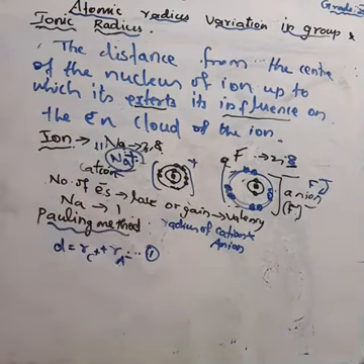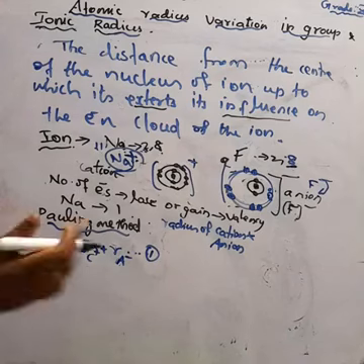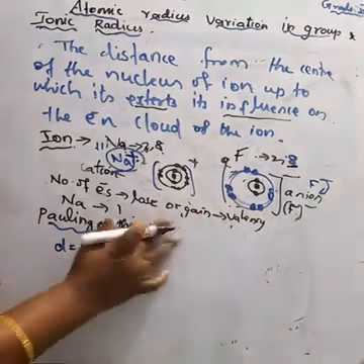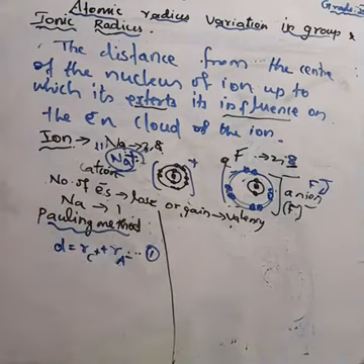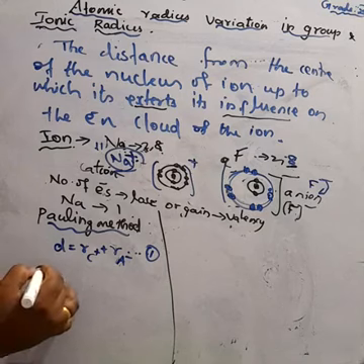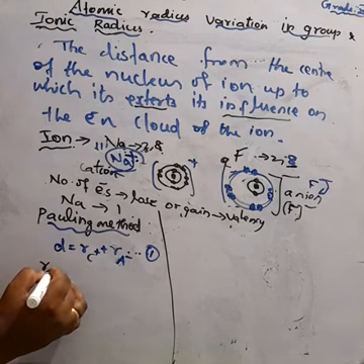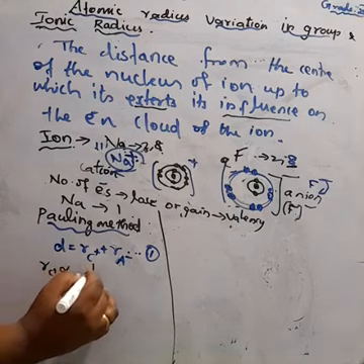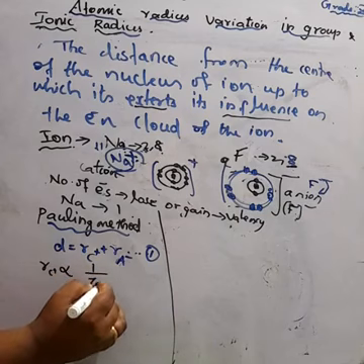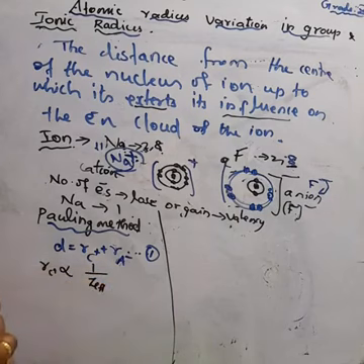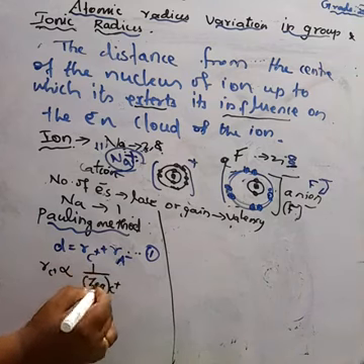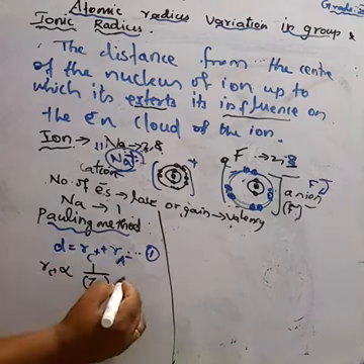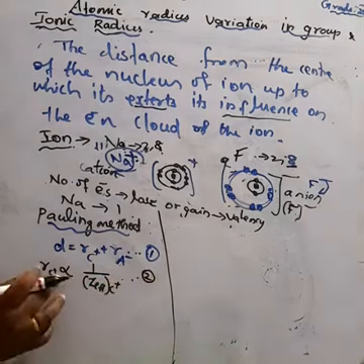Understood? Because of this, there is one more assumption given by Pauling's method: the radius of the cation is inversely proportional to the effective nuclear charge of the cation. Radius of the cation RC plus is inversely proportional, that is 1 by Z effective of the cation.